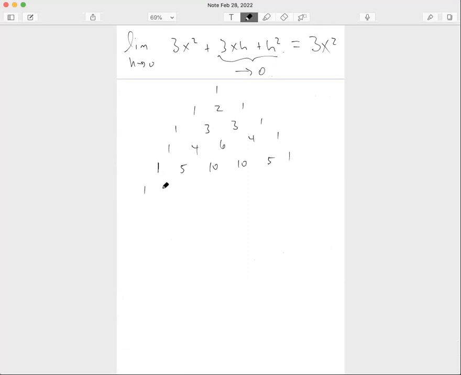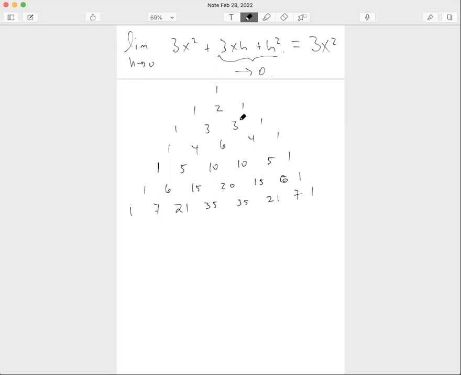What's next? 1 6 15 20 15 6 1. And then 1 7 21 35 35 21 7 1, etc.